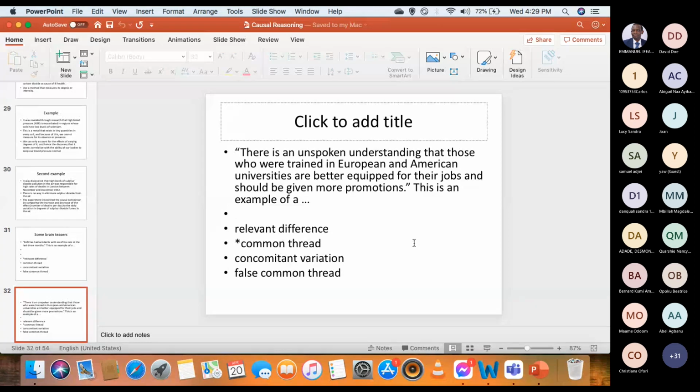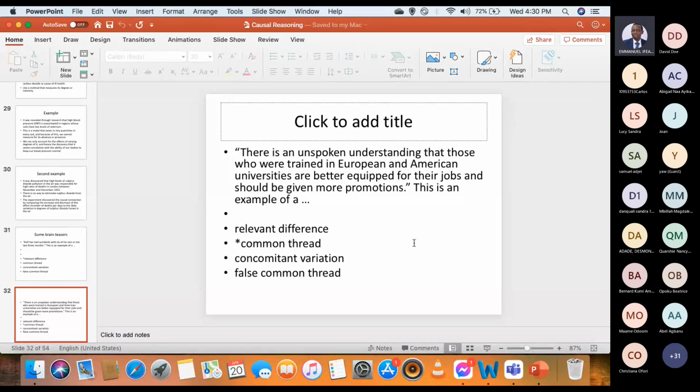Okay. There is an unspoken understanding that those who were trained in European and American universities are better equipped for their jobs and should be given more promotions. This is an example of what? Relevant difference, common thread, concomitant variation, false common thread.